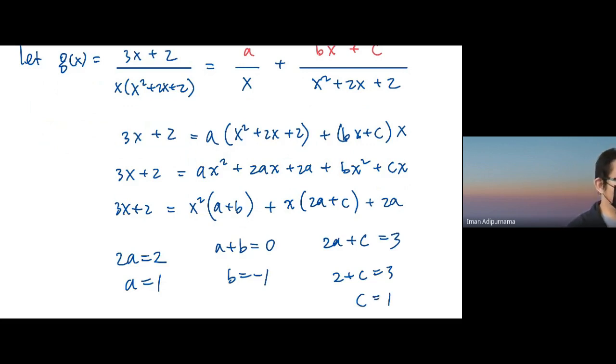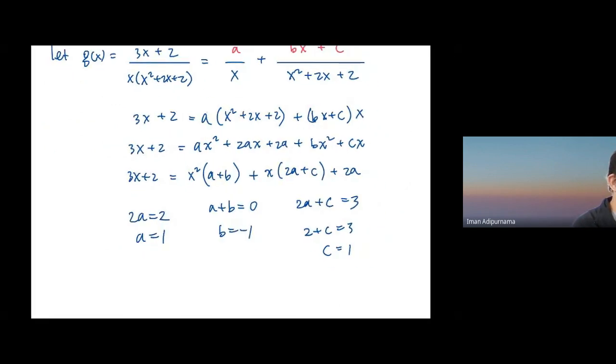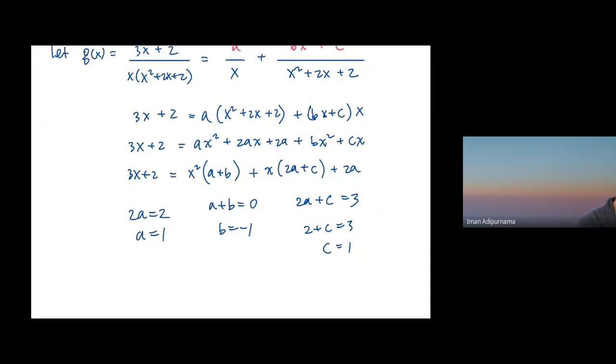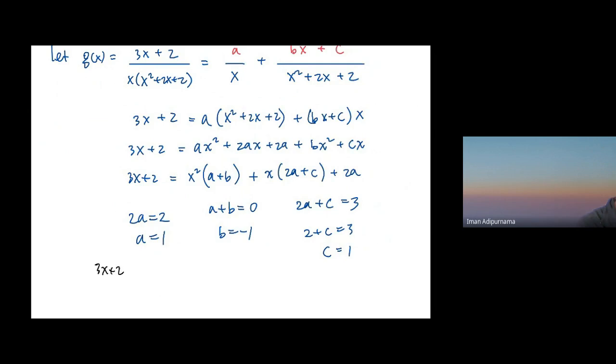Right, so 1, minus 1, and 1. So we have the solution for the partial fractions: 1 over x plus negative x plus 1 over x squared plus 2x plus 2.